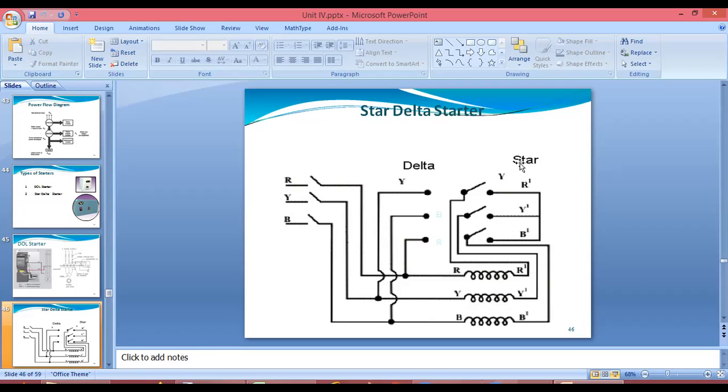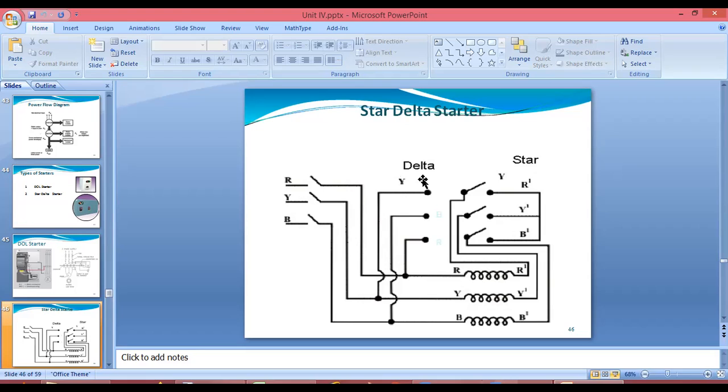If we take the three terminals of the three-phase supply and make the three of them common at one point, and take the other sides of all three differently, we call this a star connection. And if we connect one terminal of the R phase to one terminal of the Y phase, and the second terminal of Y to the first terminal of B, like this we are making a triangle.